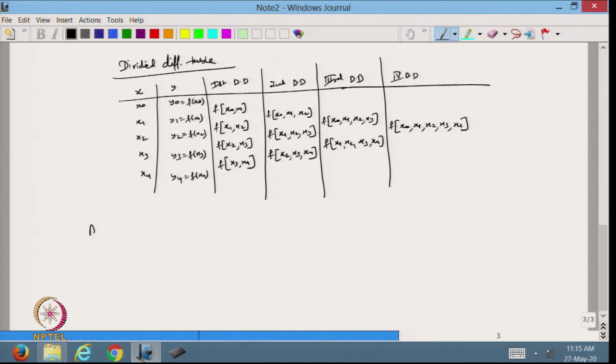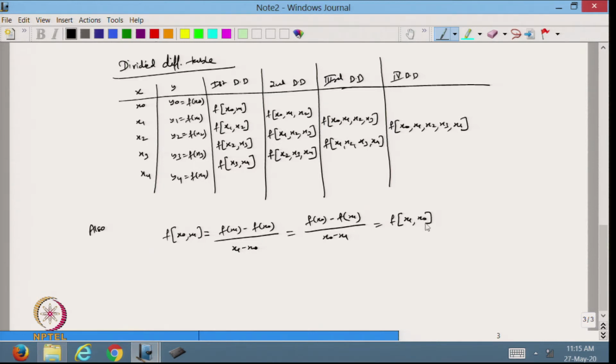Also, if I write f of x0, x1, this is equal to f of x1 minus f of x0 over x1 minus x0. This I can write as f(x0) over x0 minus x1 plus f(x1) over x1 minus x0, which can be written as f of x1, x0.